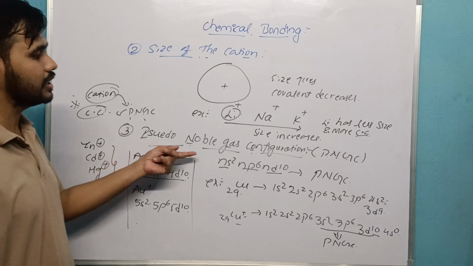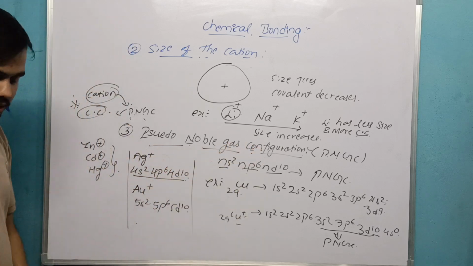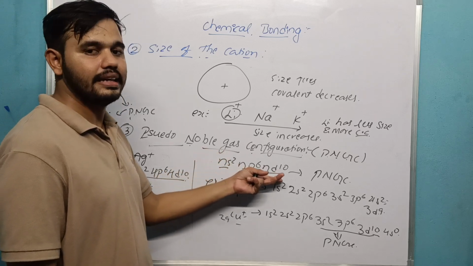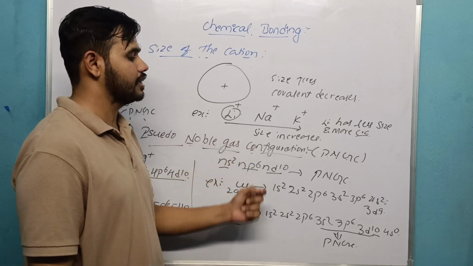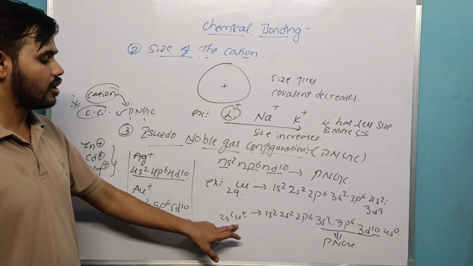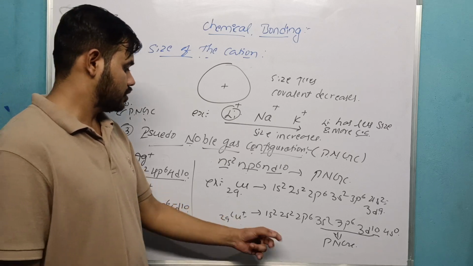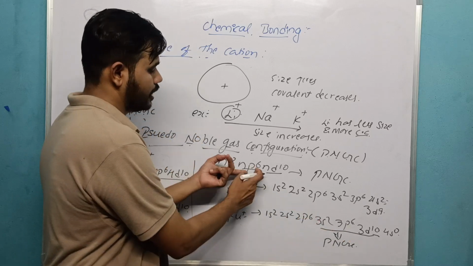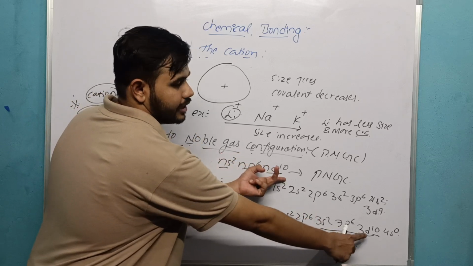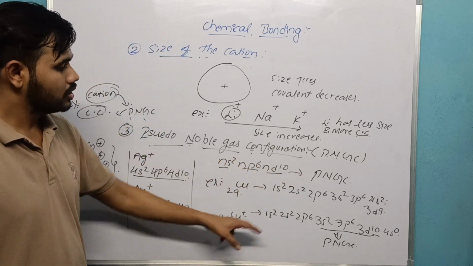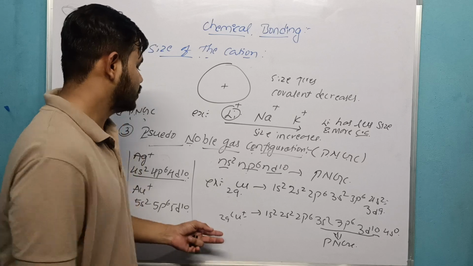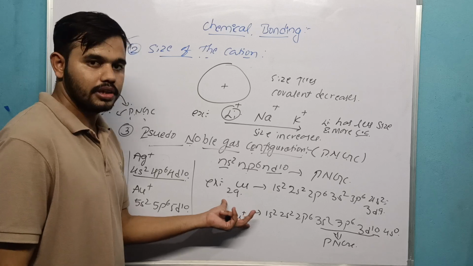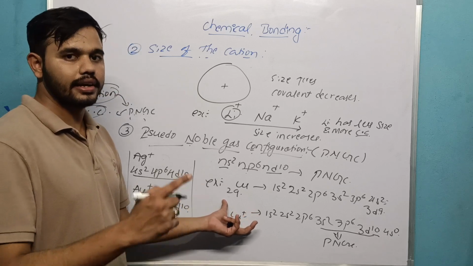This is about pseudo noble gas configuration. I will repeat again. Pseudo noble gas configuration means the outermost shell is ns2 np6 nd10. Example, here I have taken copper, Cu plus, its outermost shell will be 3s2 3p6 3d10, which looks like ns2 np6 nd10. This shows pseudo noble gas configuration, and so its covalent character will be more.